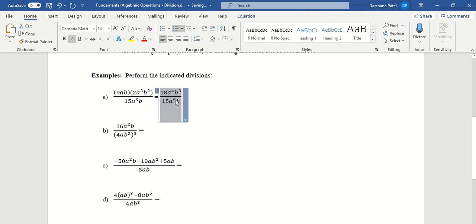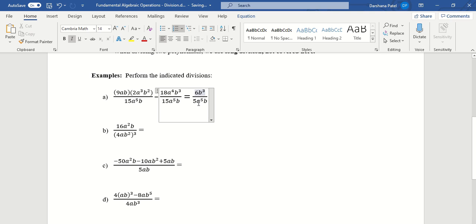Now we'll reduce numbers or coefficients, the numbers in front. 18 and 15 both reduce by 3, so 18 will become 6, and 15 will become 5. So it will be 6 and 5 here. For the a's, I have 4 in the numerator, 5 in the denominator. So I can reduce both numerator and denominator with a to the 4, leaving us with only one a in the denominator.